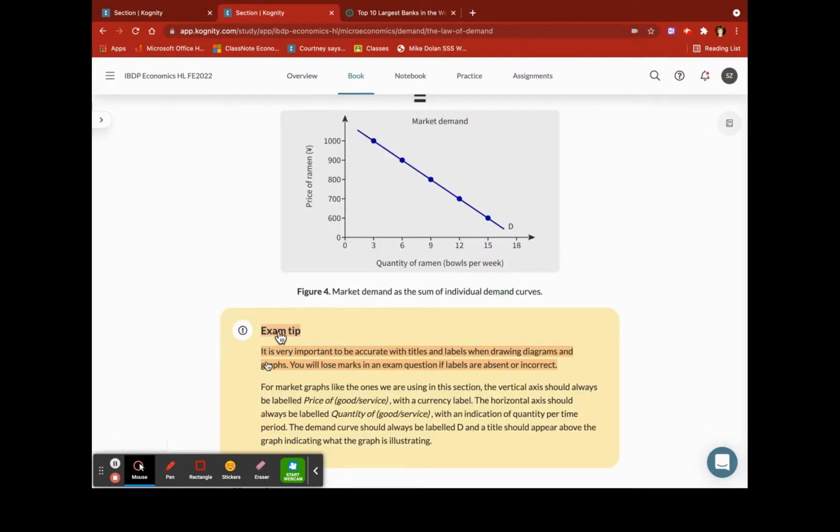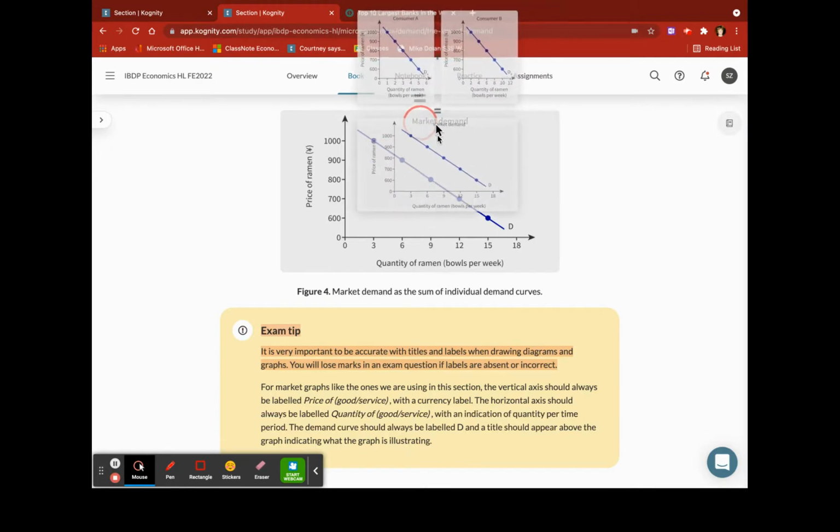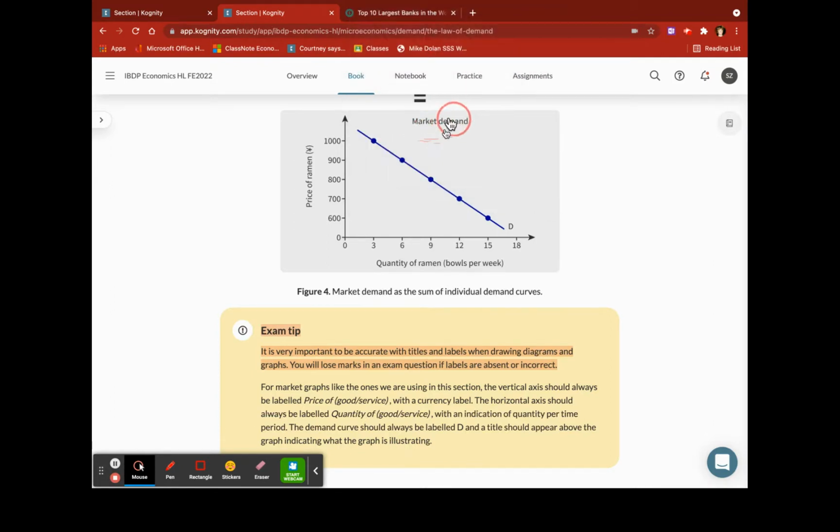I want to point out these exam tips because they'll be very helpful for you. One tip is many students will start drawing diagrams and they won't label what the diagram is. You'll lose points in IB if you don't clearly and fully communicate your knowledge, which means you should label what the chart is and label both sides, not just price, but price of what.